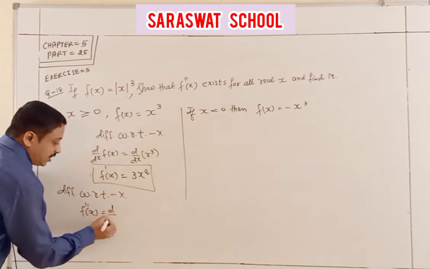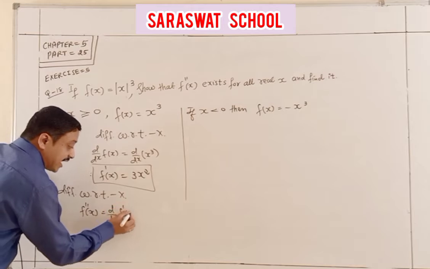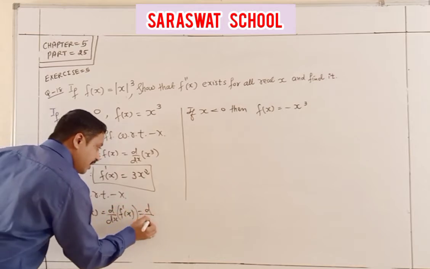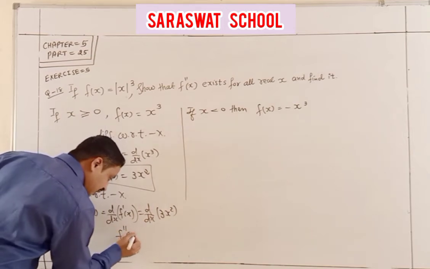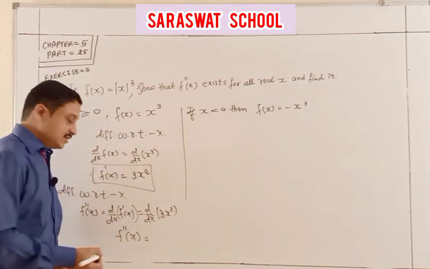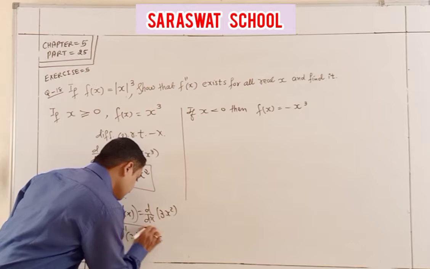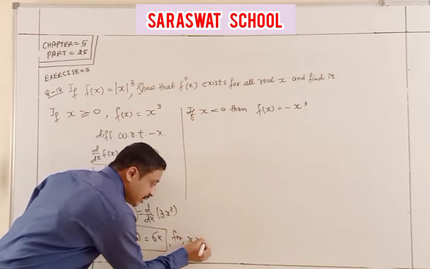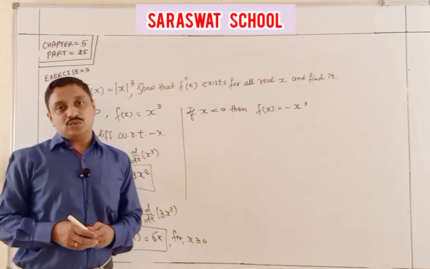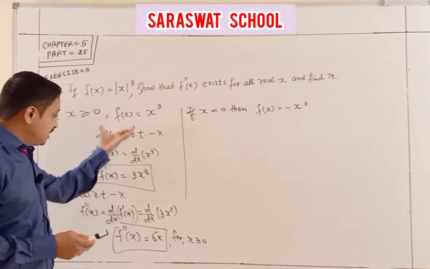It is d/dx of f dash x, and here also d/dx of 3x square. So finally f double dash x is 6x. Write the condition for x positive or 0. So this case is easily done.